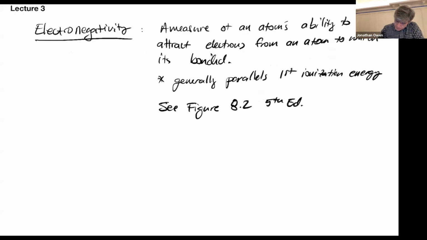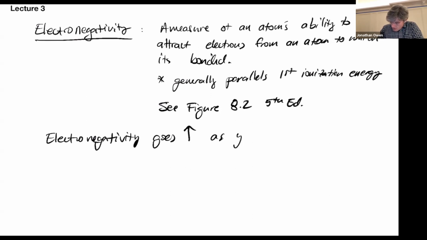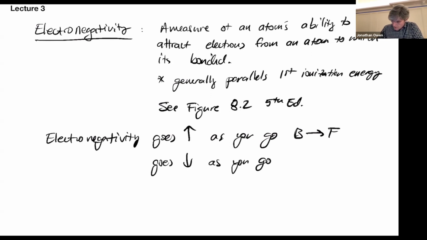So electronegativity goes up as you go boron to fluorine. It goes down as you go fluorine to astatine.